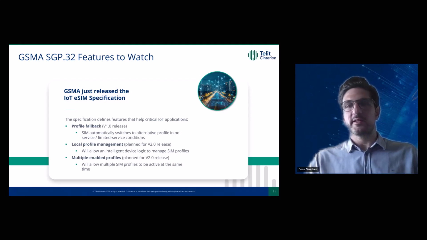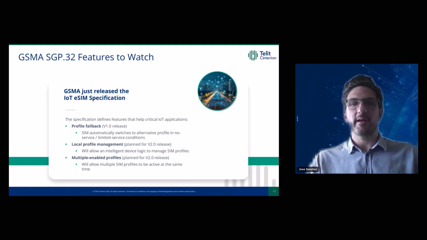So they are designed with applications in mind that need to be battery efficient, that need to be always connected. And as such, certain features were developed in this specification to allow applications to deliver always-on connectivity. For instance, I recommend you read the GSMA specification.